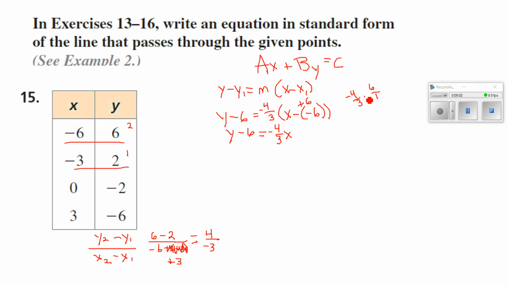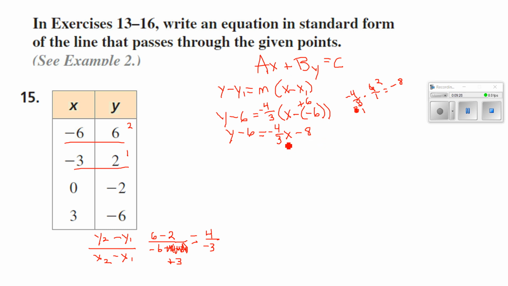Right? And we're multiplying them. I know that 3 and 6 are both divisible by 3. So 3 divided by 3 is 1. 6 divided by 3 is 2. Now I got negative 4 times 2, and that's negative 8. So this would give us a negative 8 right here.